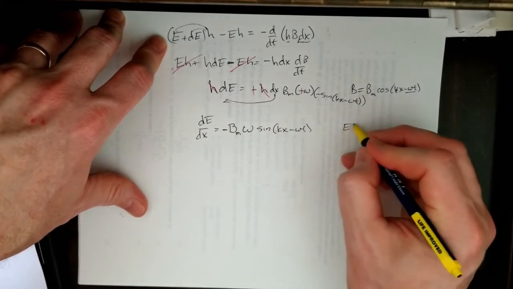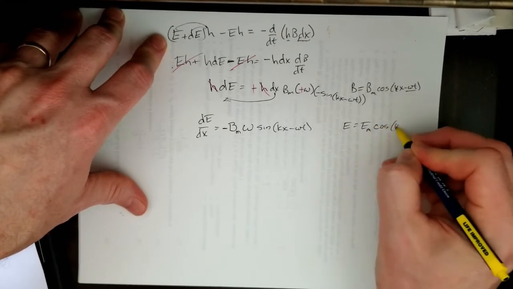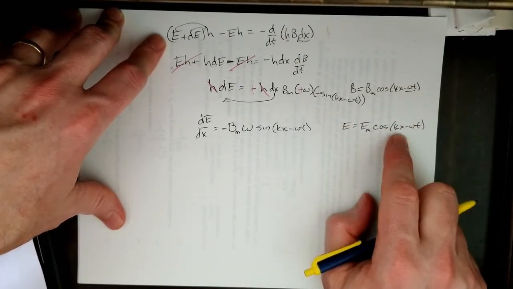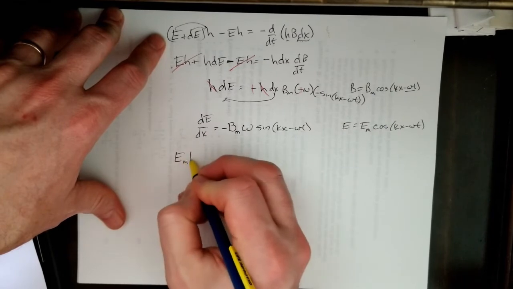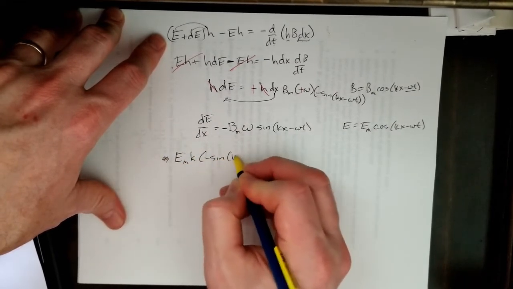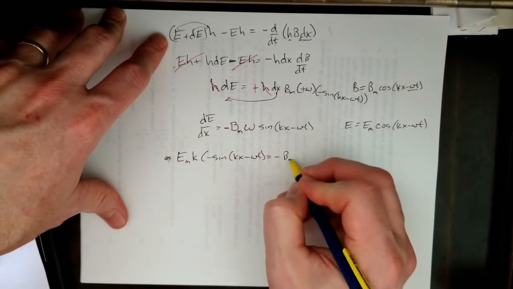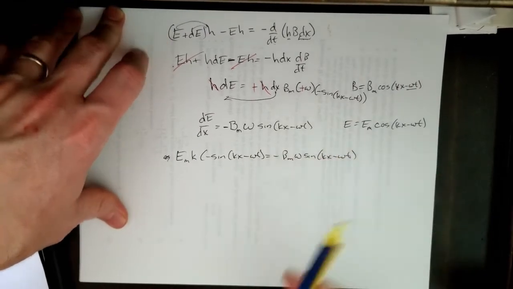Well, if you remember, E is equal to some maximum value of the electric field times the cosine of kx minus omega t. When I do the derivative with respect to x, then I get a k out front, so I have Em k times negative sine of kx minus omega t is equal to negative Bm omega sine of kx minus omega t.